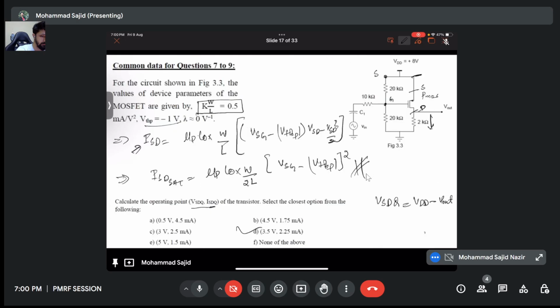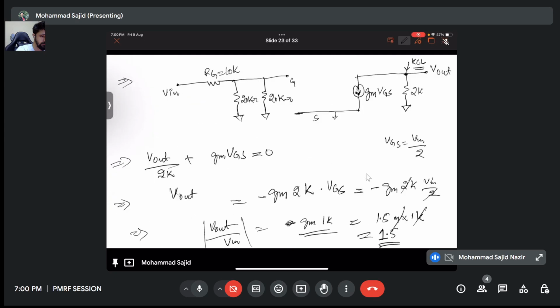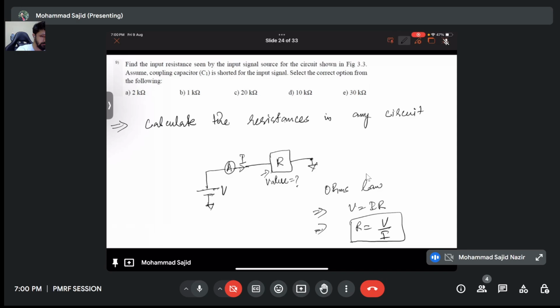So this is my circuit. I need to check this resistance, and while doing so, you need to short every other source.